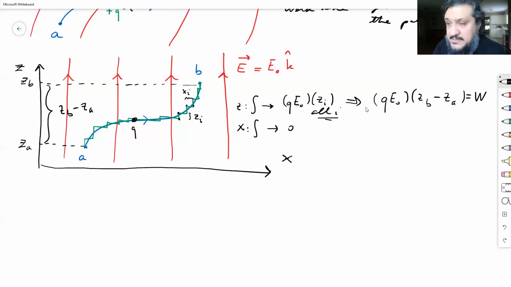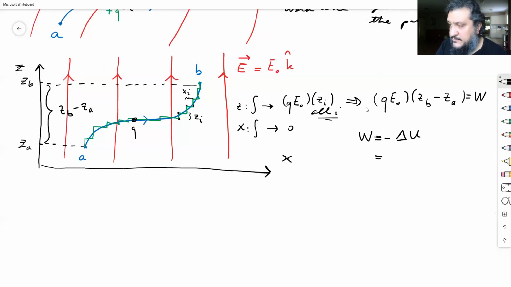It looks very similar to an object moving under the influence of gravity, free fall. So let's do the same trick. Work equals negative delta U, right?